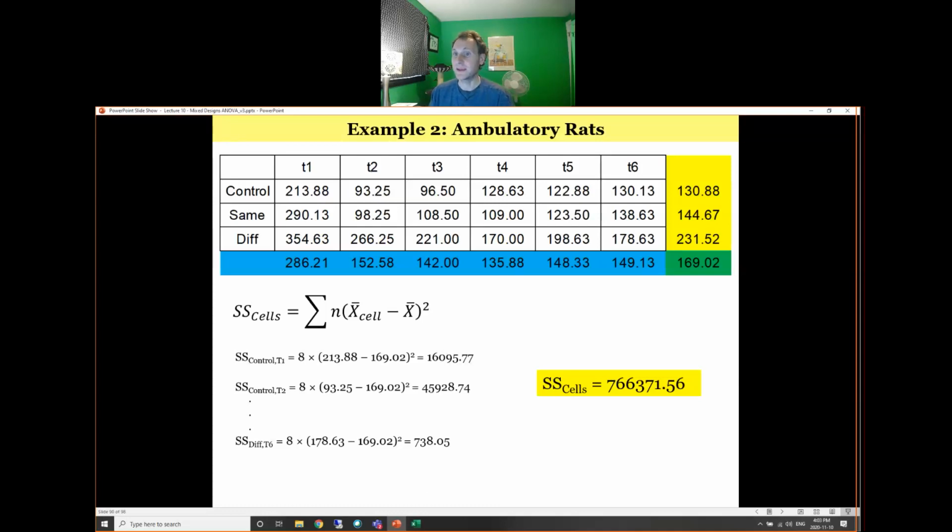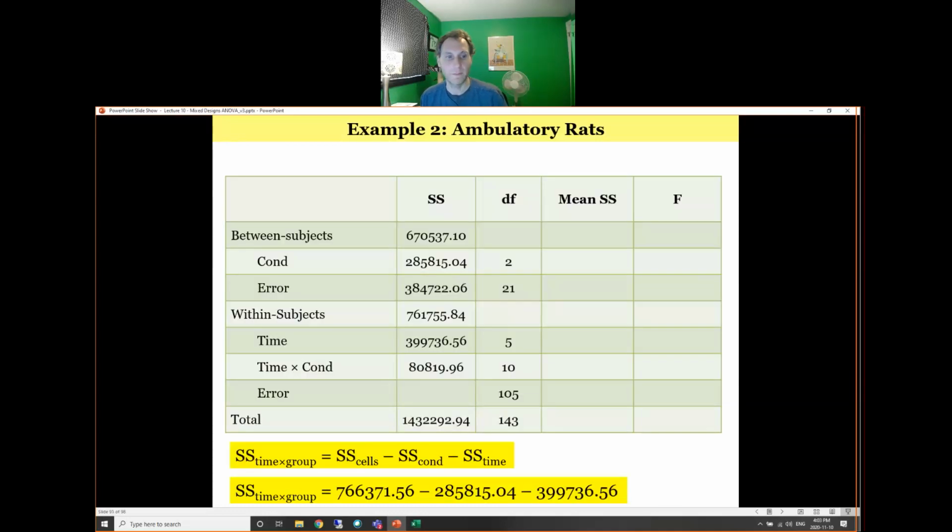The sum of that gives me my sums of squares cells, but recall that my interaction term requires me to subtract the main effects sums of squares from sums of squares cells. So my sums of squares for the interaction term is my sums of squares cells minus my sums of squares condition, or group, same thing, minus sums of squares time, the repeated measures factor.